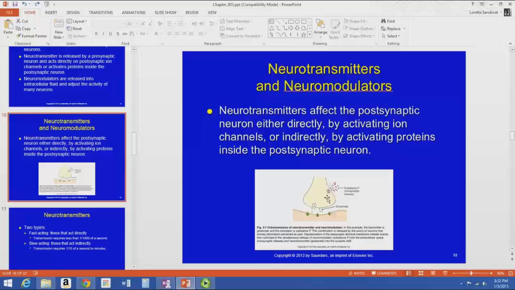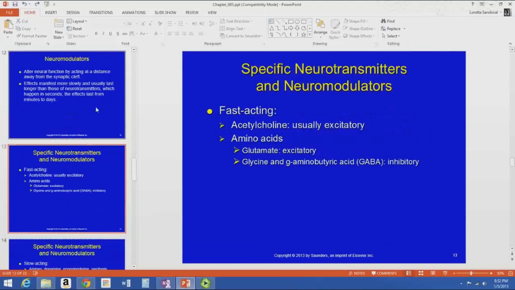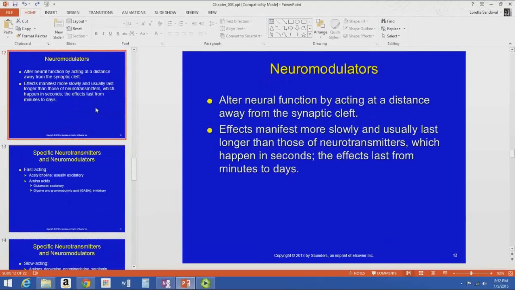It's influencing that presynaptic terminal in some way, either inhibitory or excitatory, and so the neuromodulator is acting away from the synapse, or away from the synaptic cleft. So the effects are more slowly manifested and they are longer lasting than those of neurotransmitters.